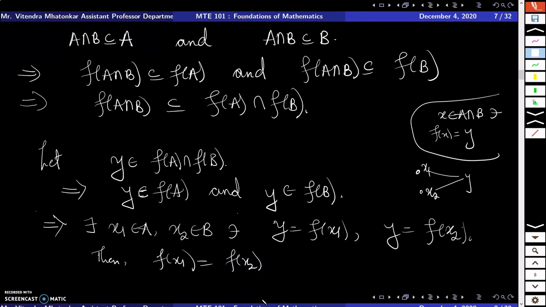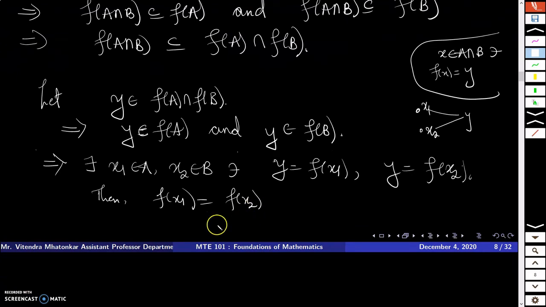Now if I conclude that x1 is equal to x2, then because x1 is there in A, if I somehow conclude that x1 is equal to x2, then I can say that I found a point inside A intersection B, because x2 is also inside B. So this point, you can call it x1 now, is there in A as well as B, so it is there in the intersection. So we found a point in the intersection which is mapped to y.